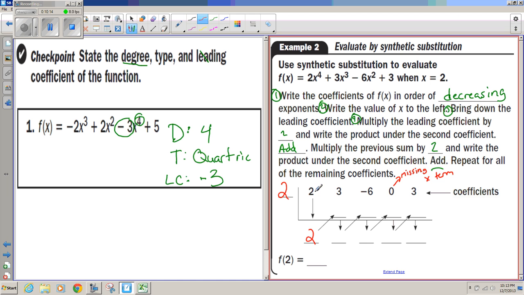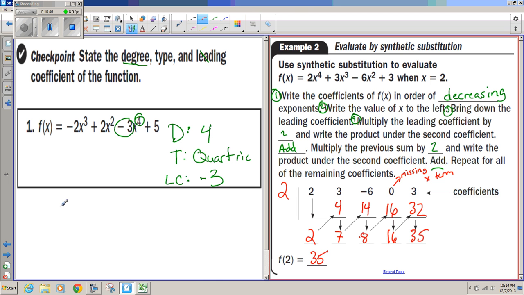Step 4, multiply the leading coefficient by the x value. 2 times 2 is 4, and we add. Multiply the previous sum: 2 times 7 is 14, and we add. Multiply, add. Multiply, add. So f of 2 is 35.